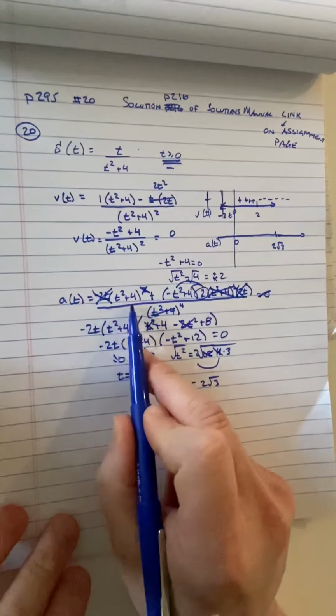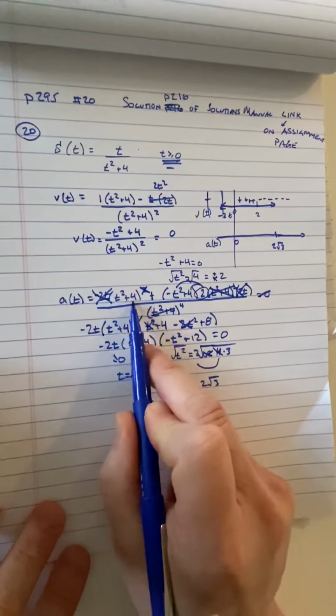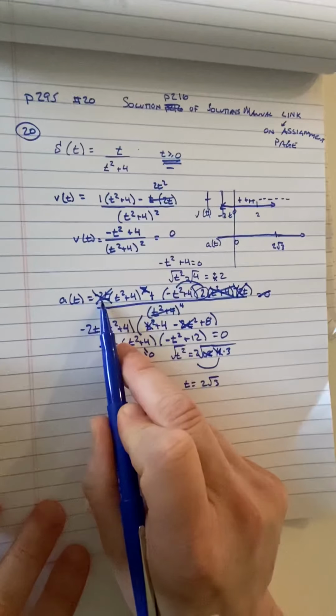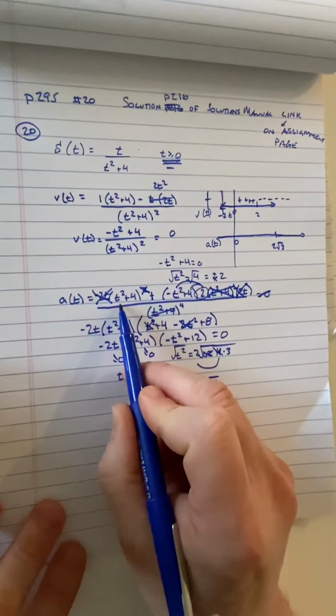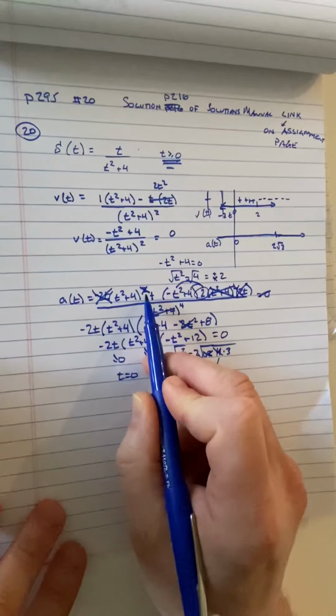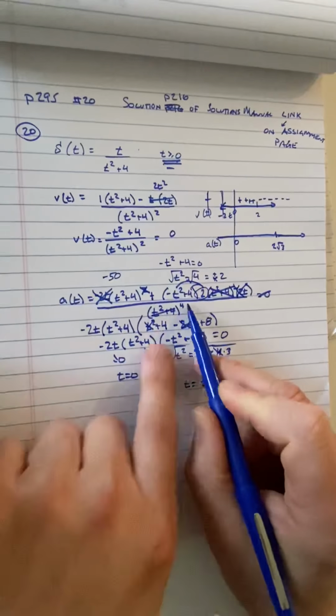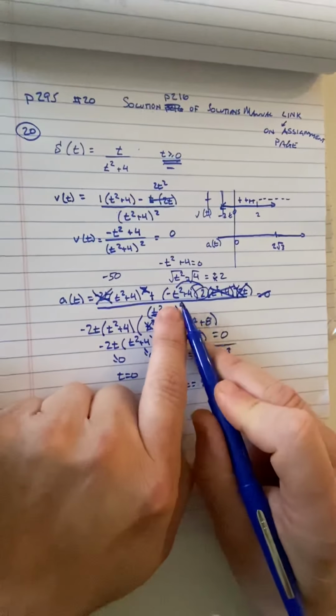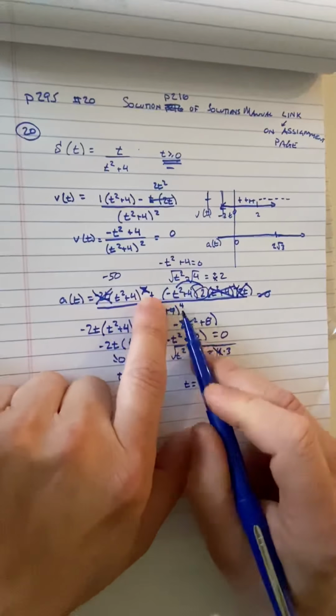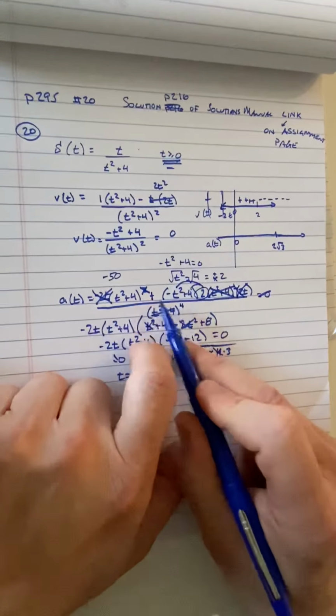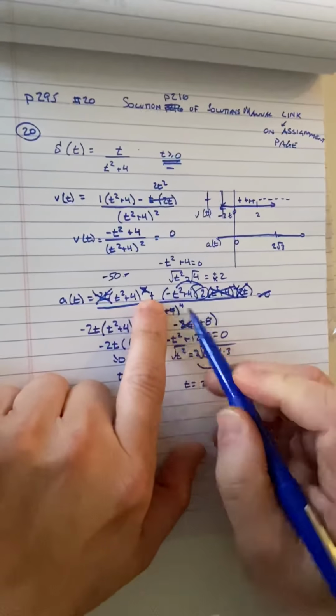If we put a 1 in there, this is going to turn into negative 2 times 5 squared. So negative 50. If we put a 1 in here, I can hardly see this stuff. If we put a 1 in here, remember we're going to subtract.